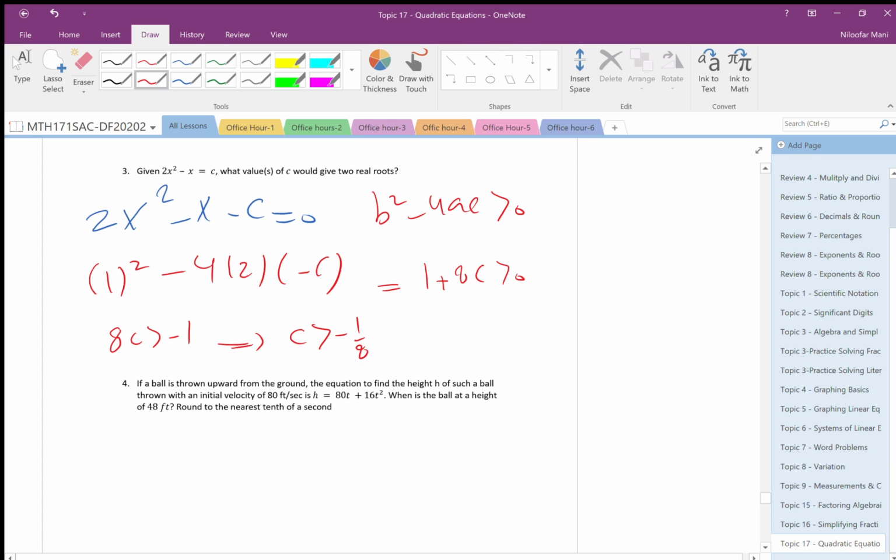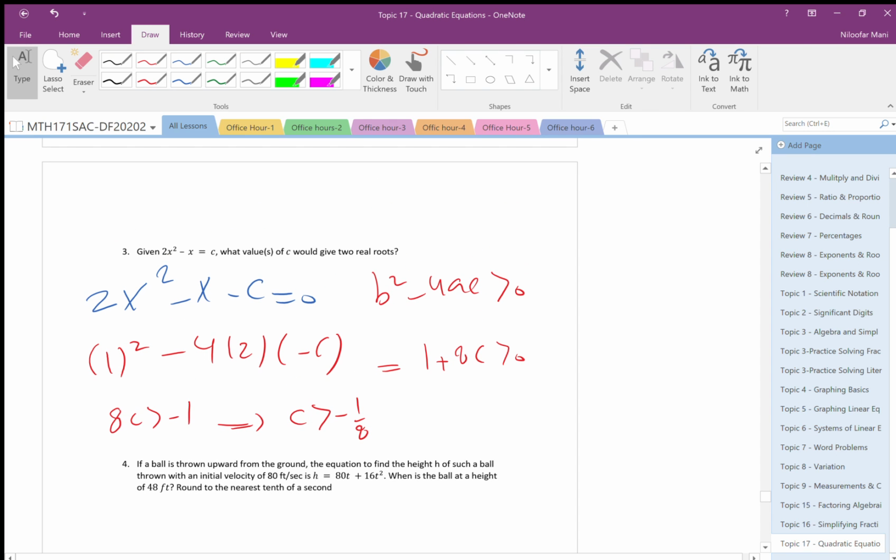Remember, mathematically, I just need to tell you this. For example, if I have minus 2a more than minus 2b, and I divide both sides by minus 2, then I have a less than b. Because when I divide both sides by a negative, I have to change the order.